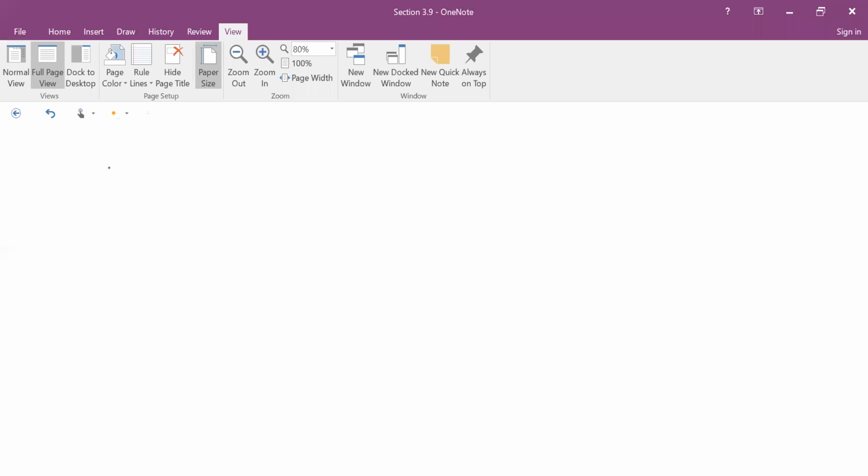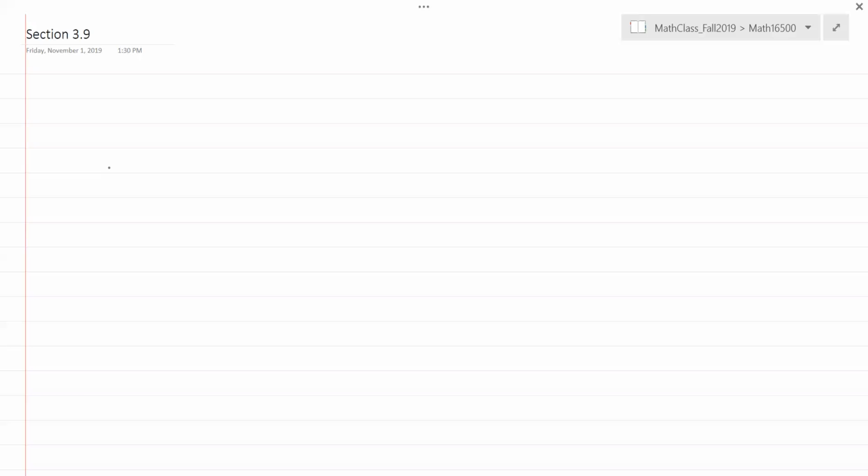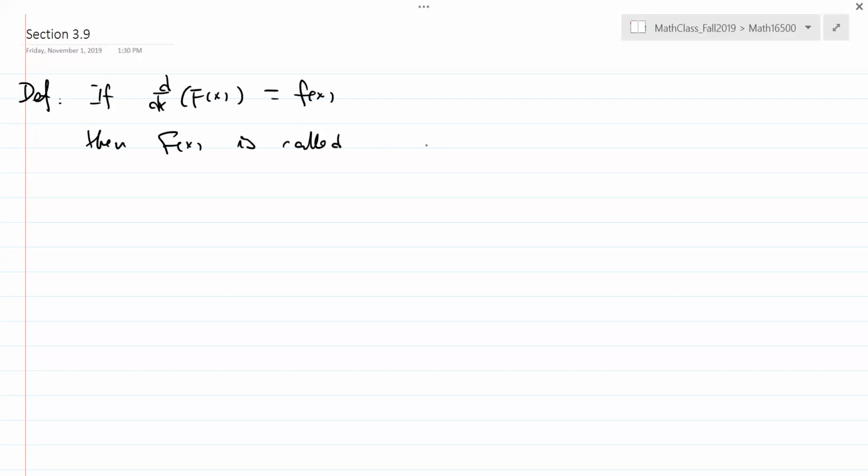All right, so let's give a definition. If you have a function, the derivative of that function is equal to little f of x, then this capital F of x is called an antiderivative of little f of x.